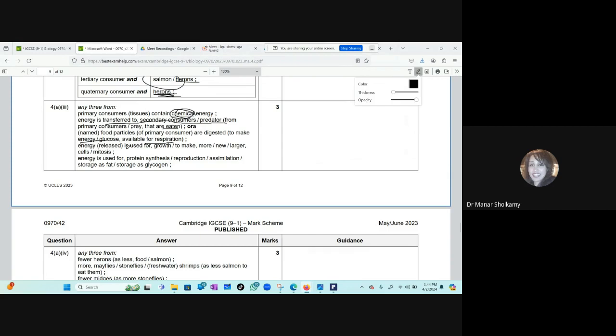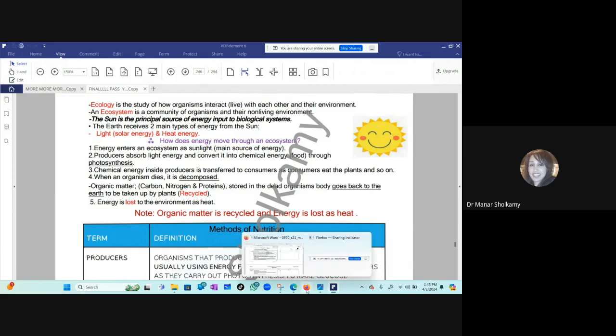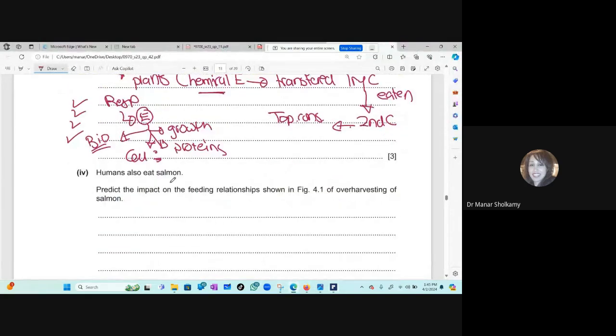From respiration, energy is released and used for growth and to make more cells in mitosis, for protein synthesis, for reproduction, for assimilation, stored to create biomass. So we said everything, but I do not expect you to remember the first part of the question, which is the part of the chemical energy. Okay, so this is written here in your year 9 notes. How is the energy moving through an ecosystem? Please do not ignore year 9 notes. Sometimes the question is a combination of 9 and 10, like this one.